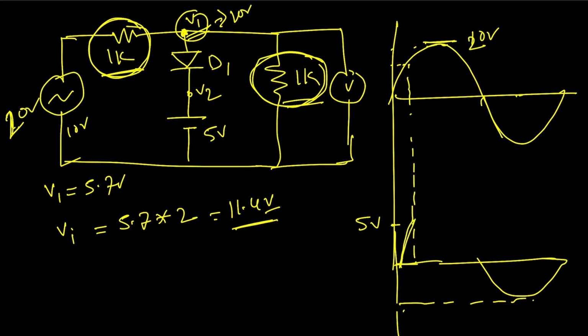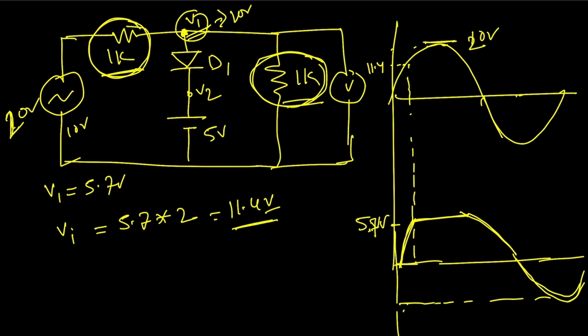Okay, and this will be 5.7 volt and this will be 11.4 volt. Okay, after that one, what will happen? It will be kept constant and then it will again drop. Okay, and the second negative half cycle will be the same, but the maximum output voltage we can get is minus 10 volt.